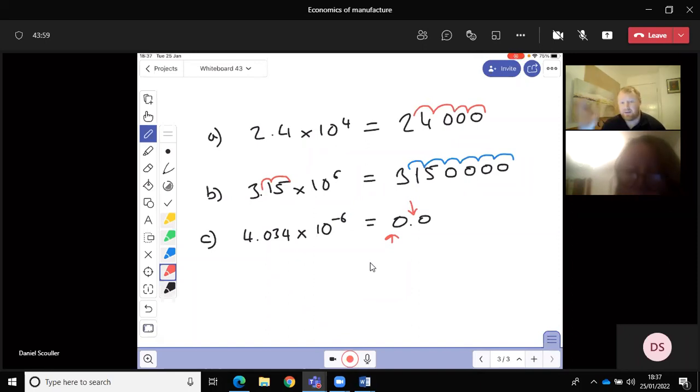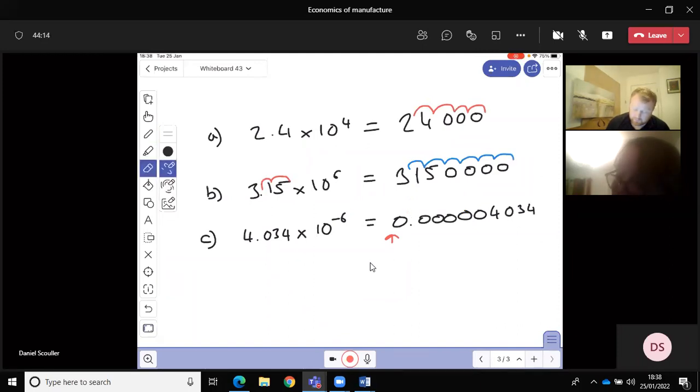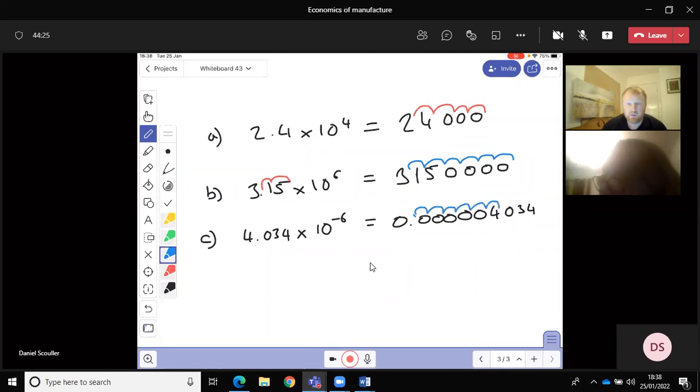And then after that 0, because it's -6, we're going to have 5 zeros and then 3, 1, 5. So the decimal point is 1, 2, 3, 4, 5, 6 places away from where it started. Going in the negative direction is the toughest.